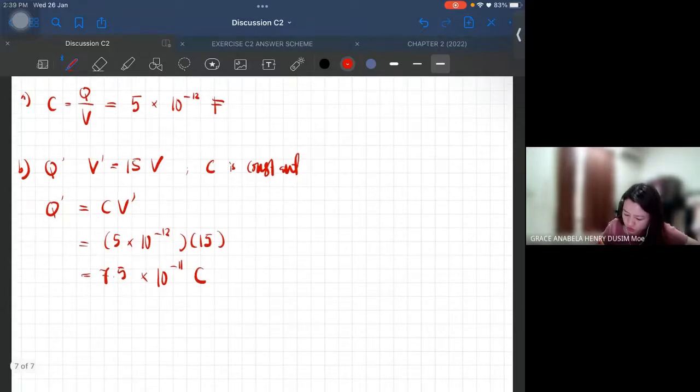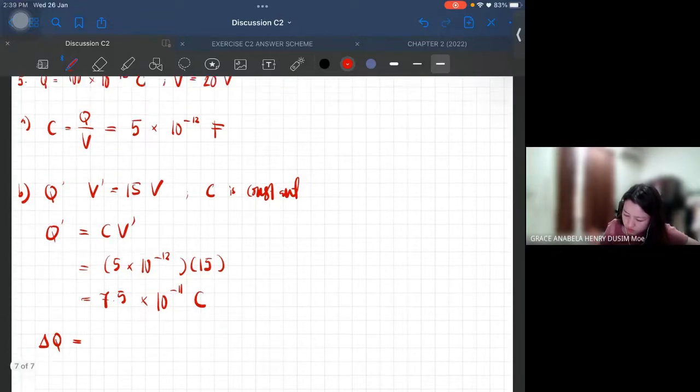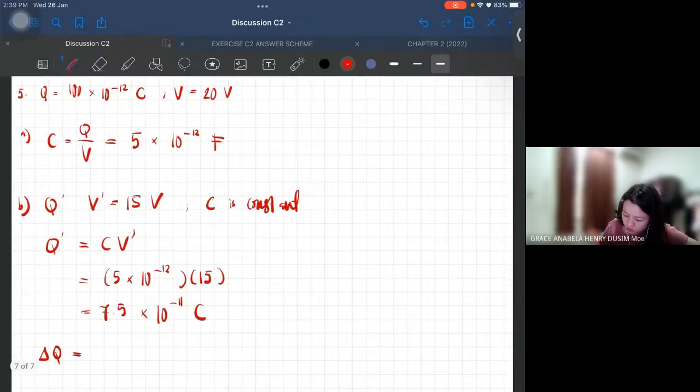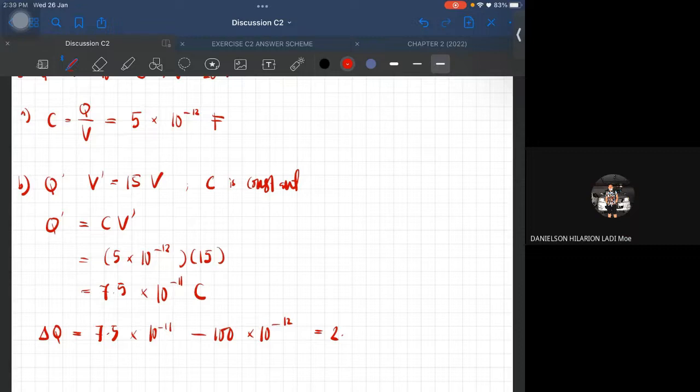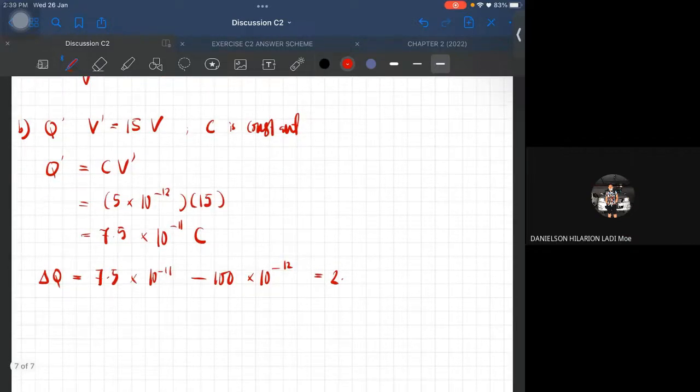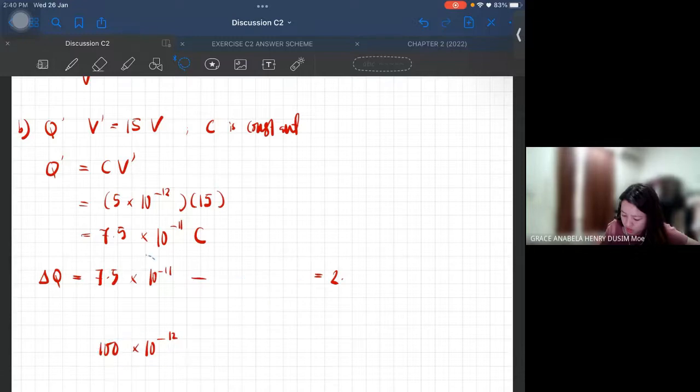So the amount of charge to be removed is 7.5 times 10 to the power of negative 11 minus 10 times 10 to the power of negative 11, which is minus 2.5 times 10 to the power of negative 11.